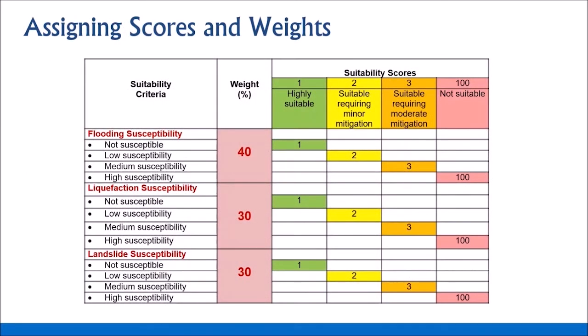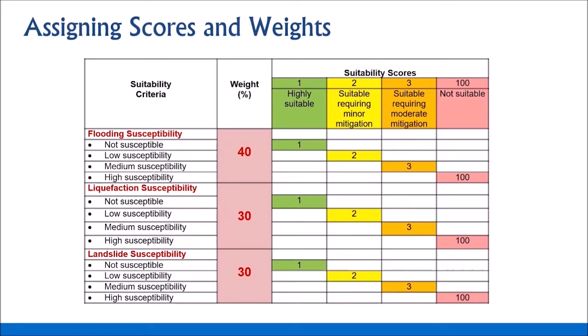So we can assign the weights so that we can take into consideration the different levels of impacts of the hazards. So for example, here we have assigned a weight of 40% for flooding susceptibility, and the rest 30% for liquefaction and landslide susceptibility.